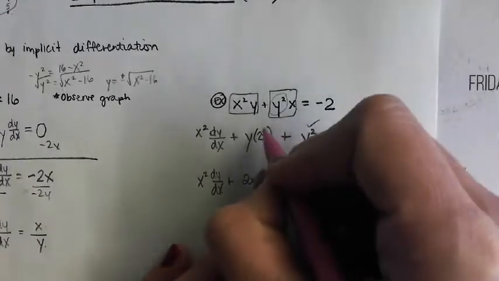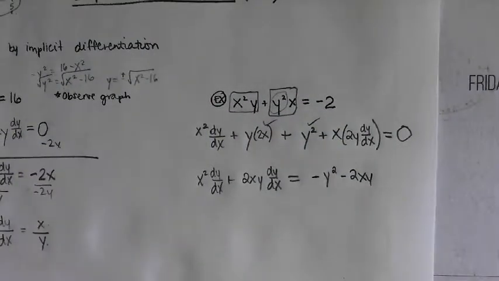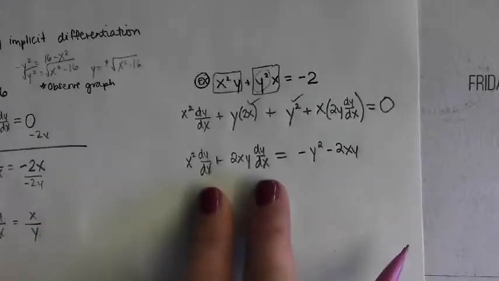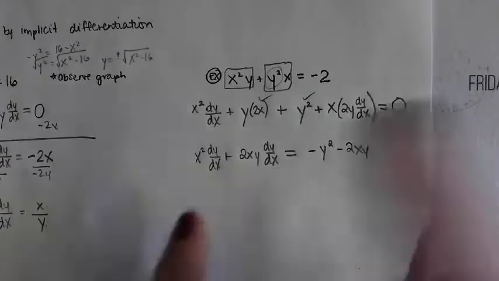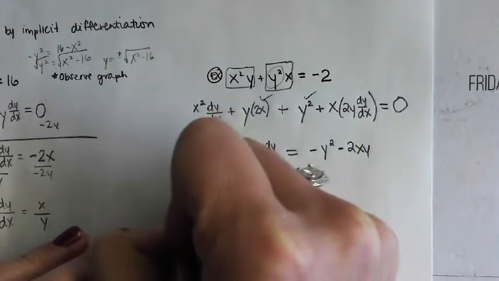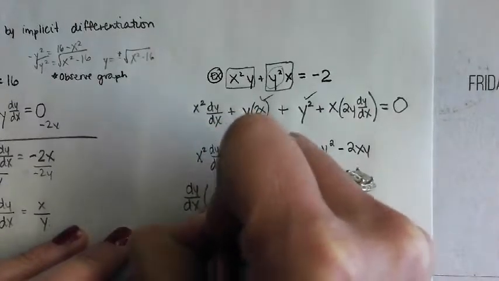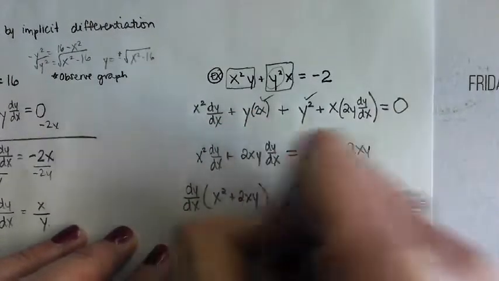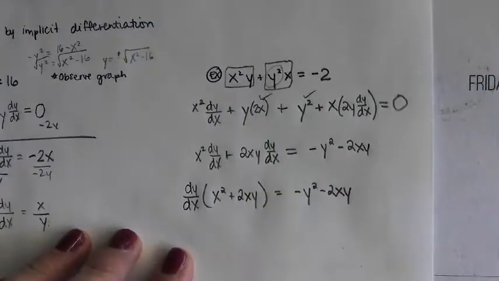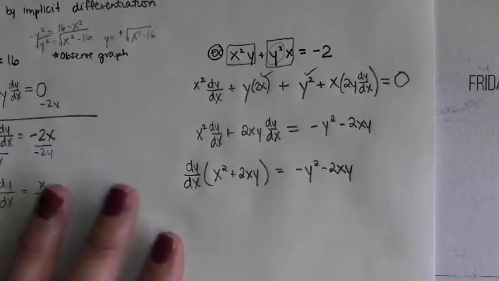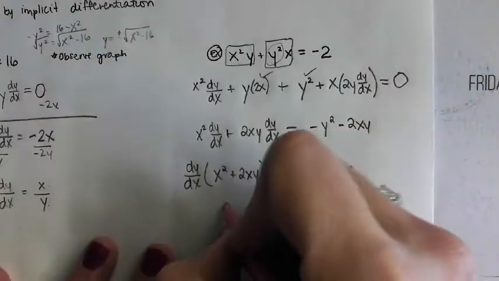So I subtracted that over and I subtracted that over. Now if I'm solving for dy dx, what do I need to do to get there to be only one of them? Factor it out. So I'm going to factor out a dy dx and I'm left with x squared plus 2xy. And then just divide that binomial over.